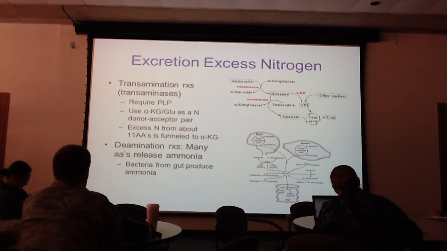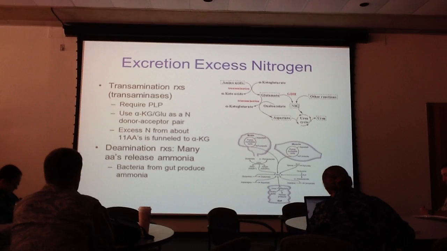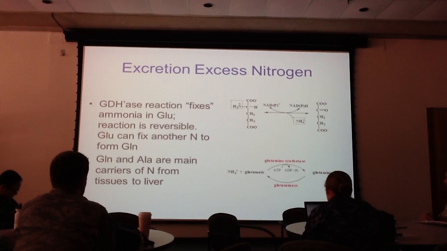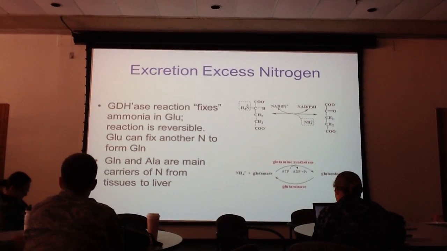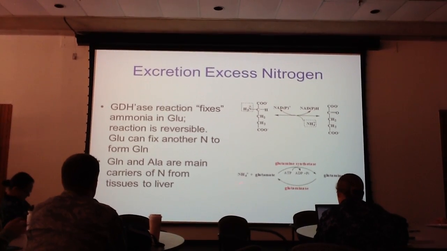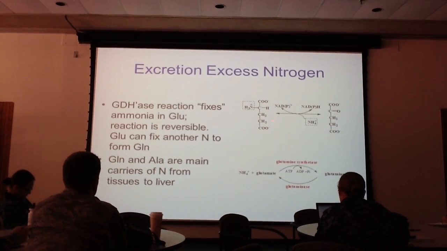Urea goes from the liver to the blood to the kidney and is excreted in the urine. It's our main excretory product of nitrogen. A key reaction that controls the amount of ammonia in the blood is glutamate dehydrogenase. This is not a transamination reaction.